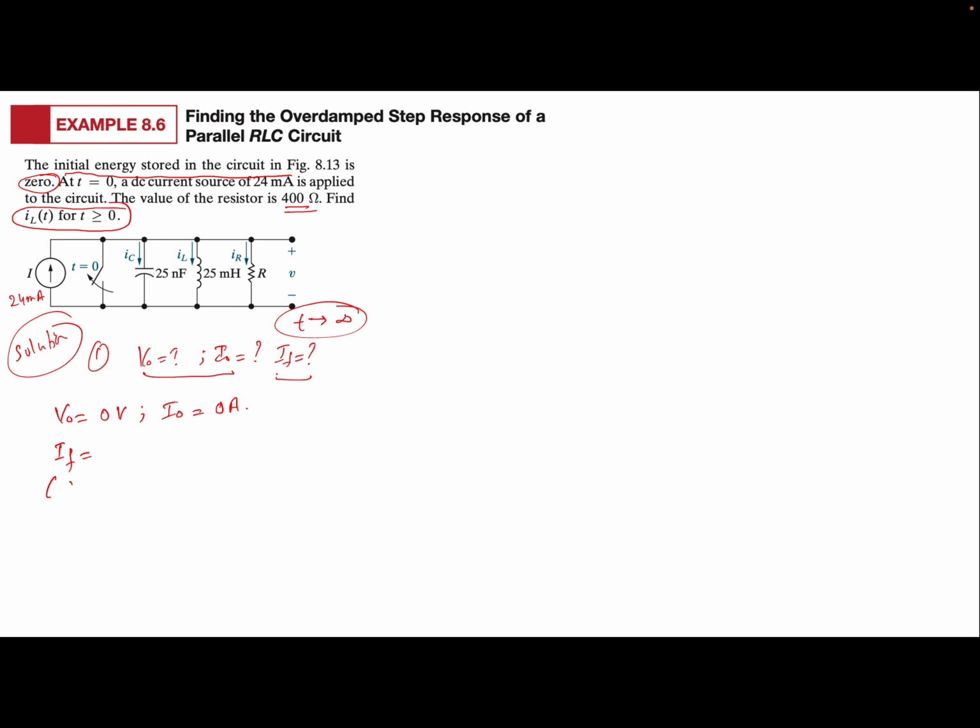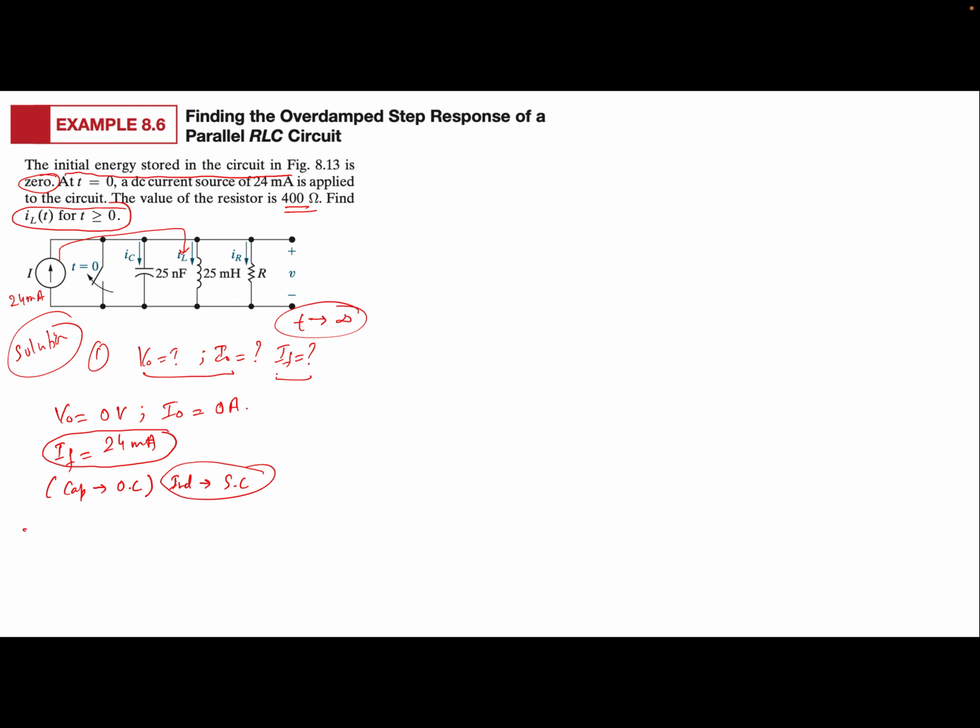So if the inductor becomes a short circuit, this entire current is going to flow through the inductor. So IF is going to become 24 milliamperes. That's really the first step, where we find the initial conditions and the final value of the current, because these are the variables that we need in order to solve the equations.